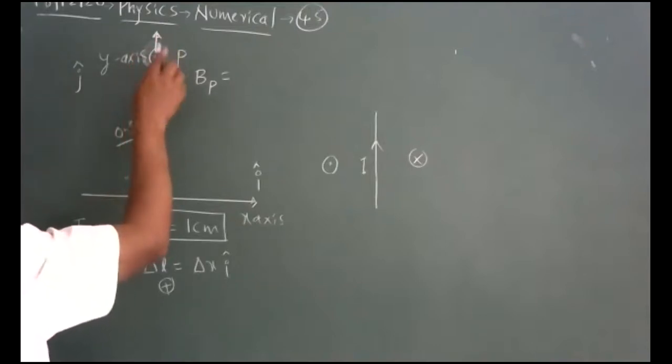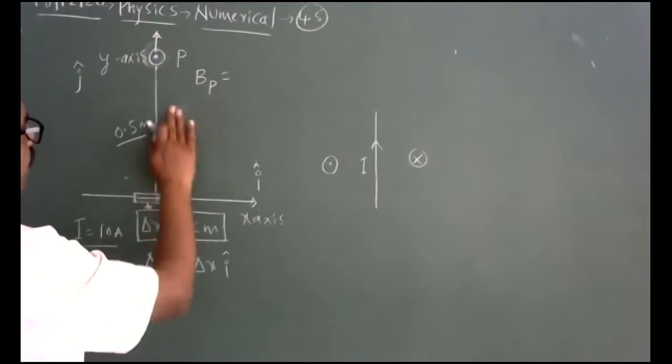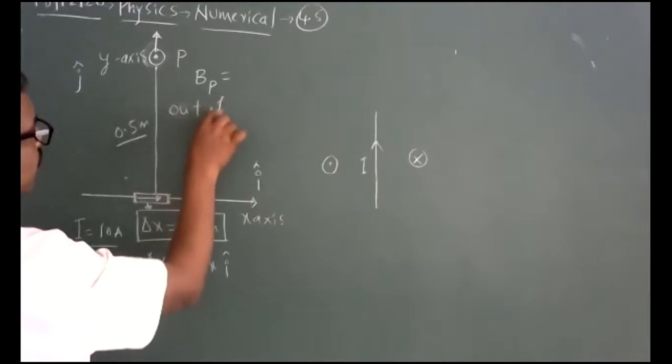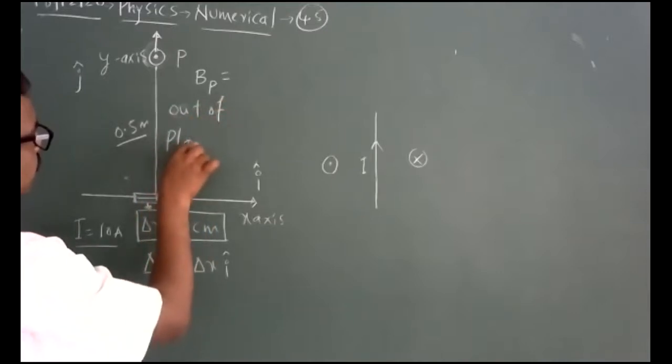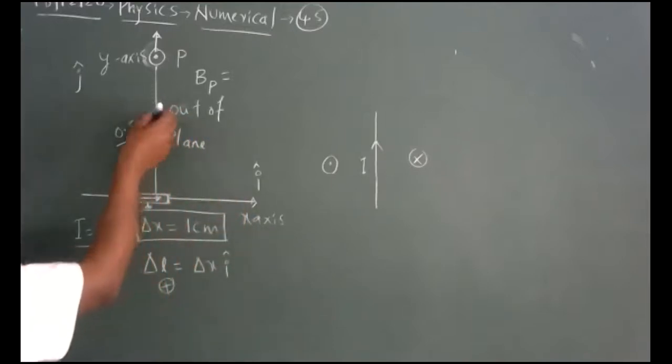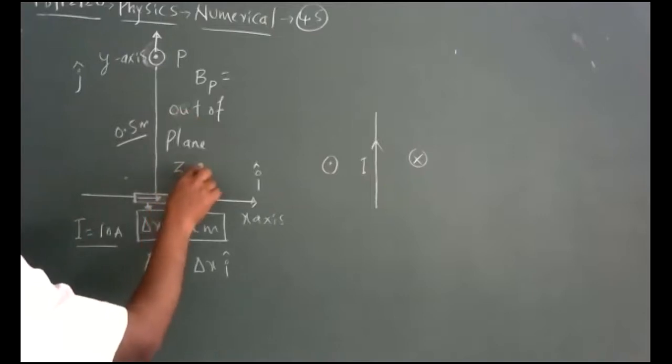This is the y-axis. The magnetic field is out of the plane. Of course, if I say this is the x-axis and this is the y-axis, the z-axis will be normal to it, which means the magnetic field is along the z-axis.